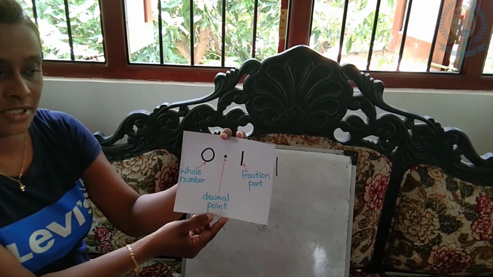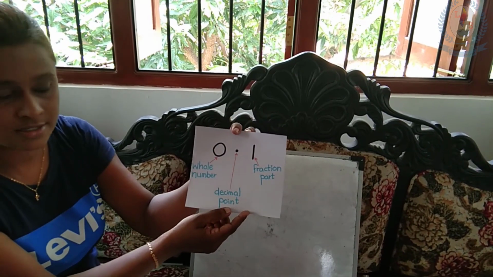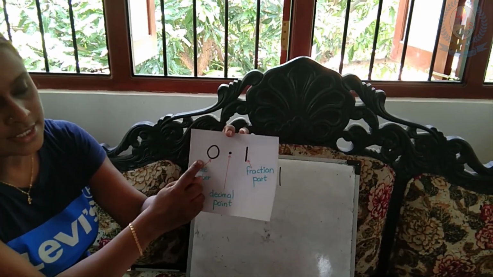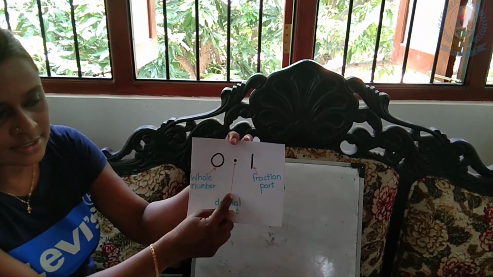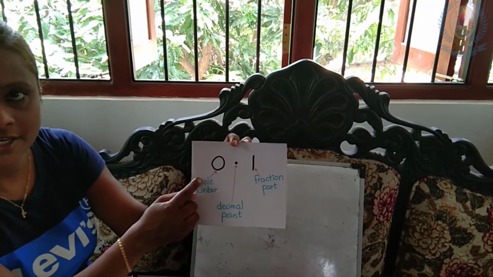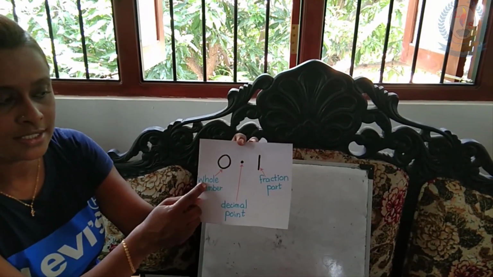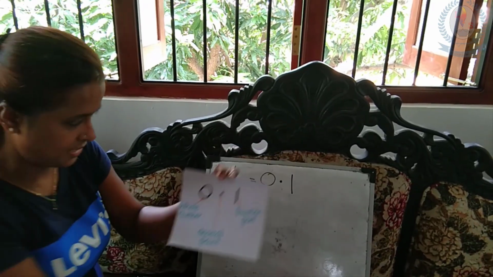A decimal number contains different parts. What are they? There's a number on the left side, in the middle is the point. This is called the decimal point. The number on the left side of the decimal point is the whole number, and it is in the ones place.